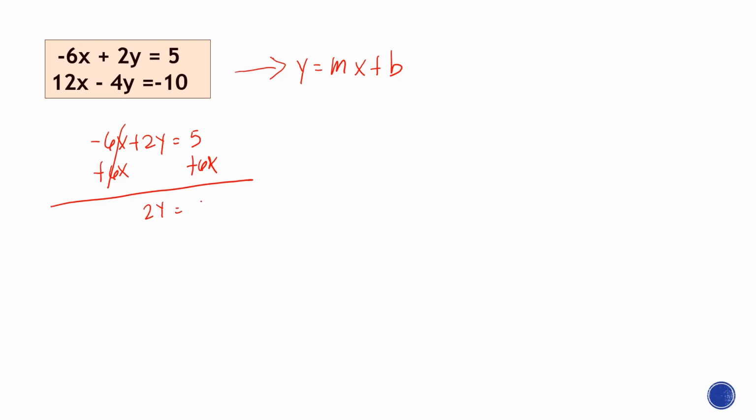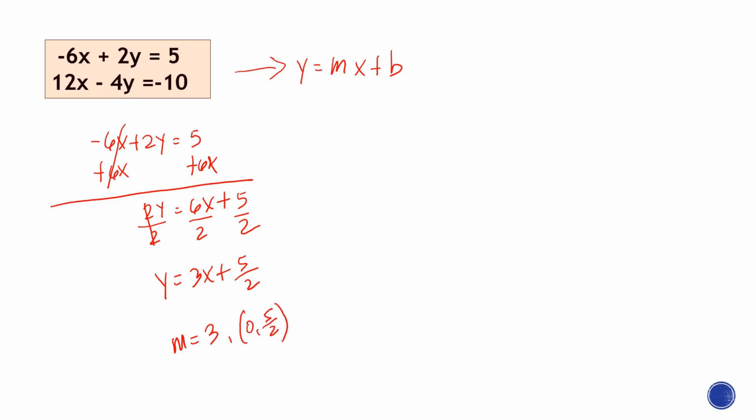This is 2y equals 6x plus 5. Then I will divide 2 on each term. Okay. So therefore our slope here is 3. And our y-intercept is at 0 and 5 over 2.